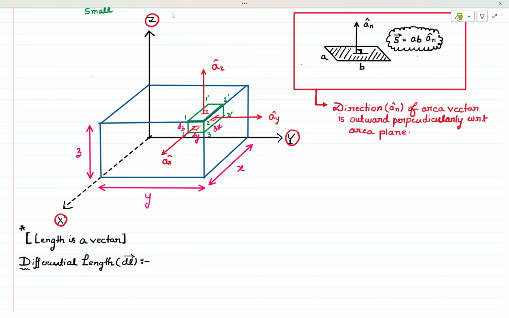Without doing this, I can directly draw a line over that. So let me draw a line.